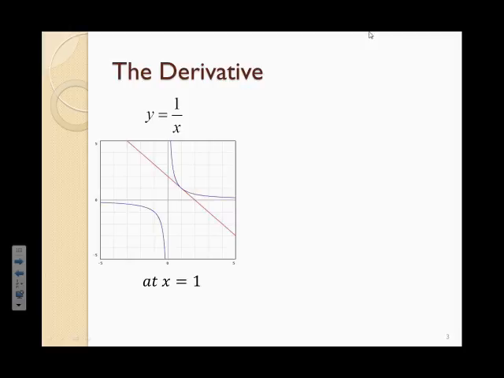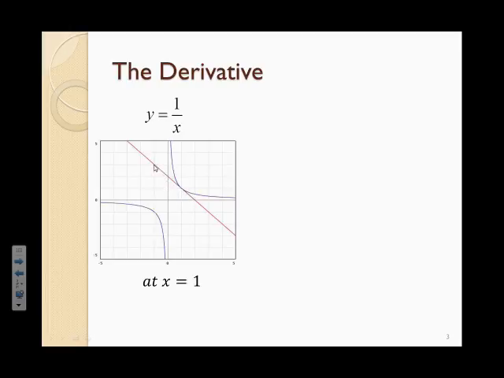So here we have the function y equals 1 over x, and we want to find what the derivative is when x is equal to 1. I already have the line drawn here. If we wanted to find the derivative at x equal to 1, we draw the tangent line and figure the slope of the line, and it's the derivative. It's the same thing.